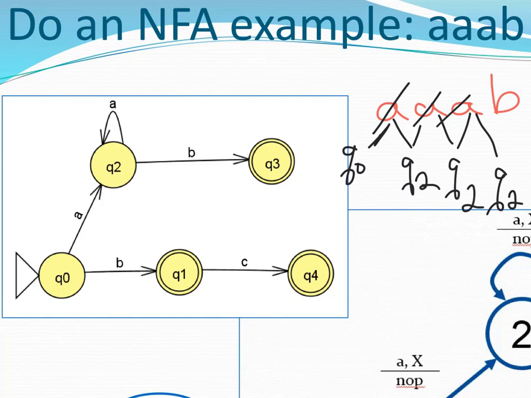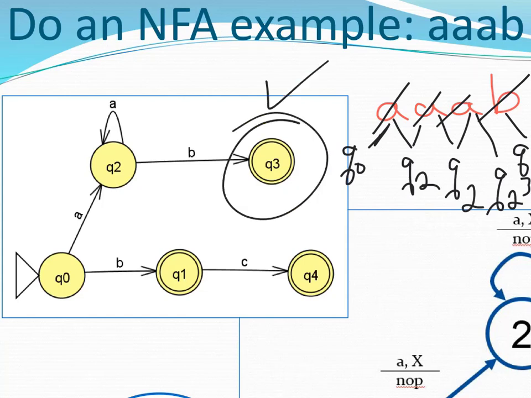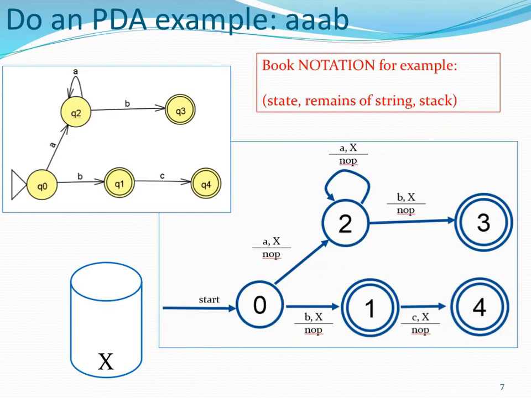So we use up that B, and we jump to Q3, and we're now done. We're at Q3, our string is all used up, and Q3 is a double circle, so we say, hurrah, it's in our language. Now let's do that same example on this PDA down here.